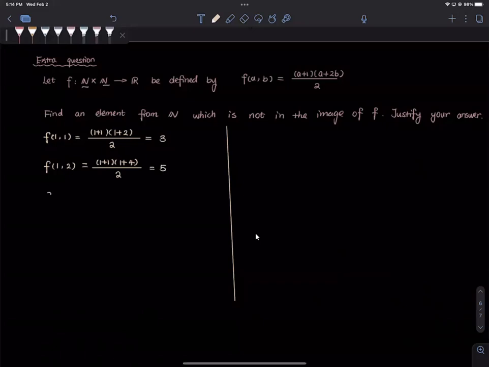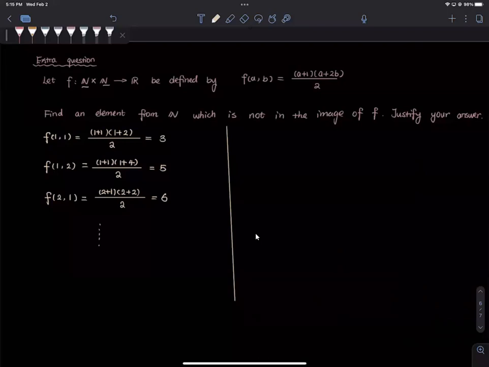And you can also compute (2, 1), which is going to be 2 plus 1 times 2 plus 2 over 2. So this is 4 over 2, that's 2, 2 times 3 is 6, and so on.